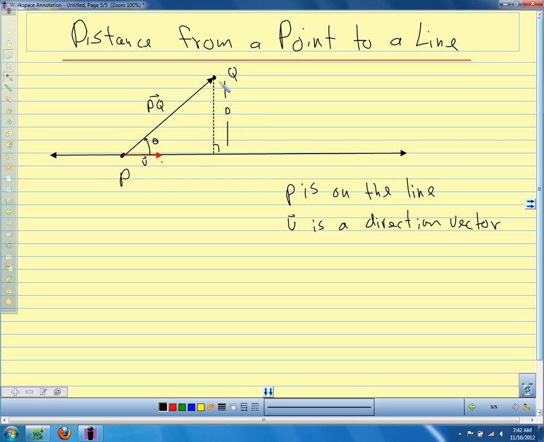What's the distance in terms of this triangle? What's this D in terms of the triangle that I drew? D, the distance, is the magnitude of PQ times the sine of theta. Well, the magnitude of PQ times the sine of theta is what, in terms of something that we've been working with before?